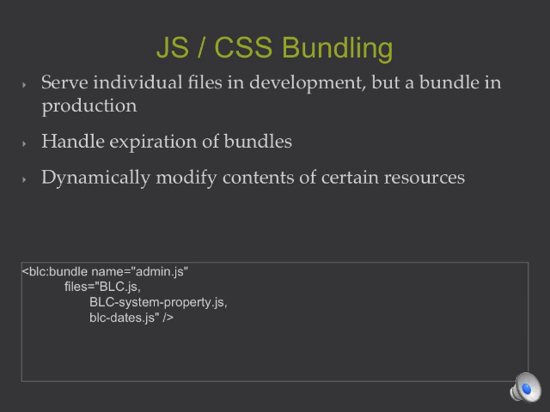So you can create a processor, as we have, this bundle processor, which will bundle those three BLC files together into admin.js. This is similar to jawr, if you've heard of that, which does a similar thing, and there is a Thymeleaf jawr extension, but we needed a little bit more control since we allow editing these JavaScript and CSS files from the admin.